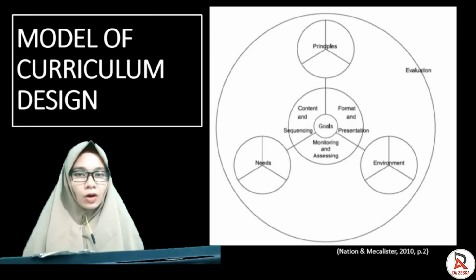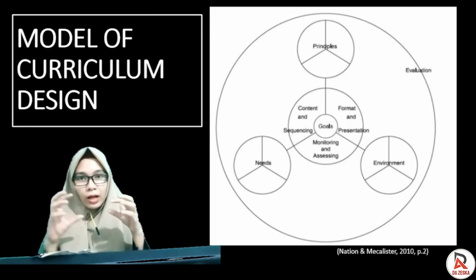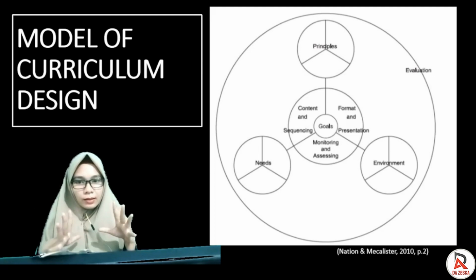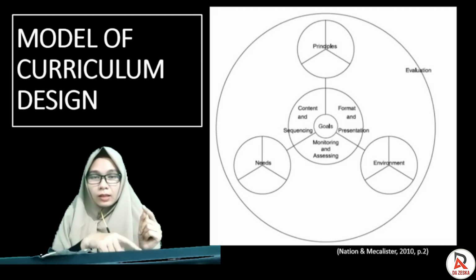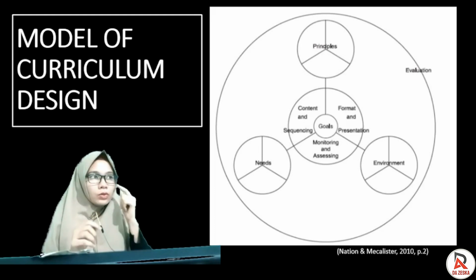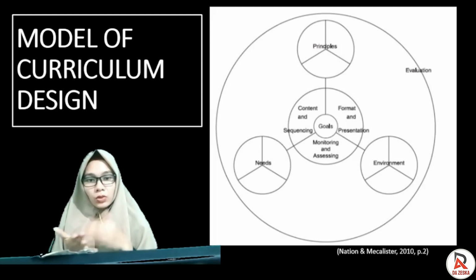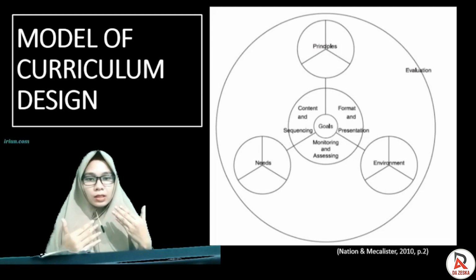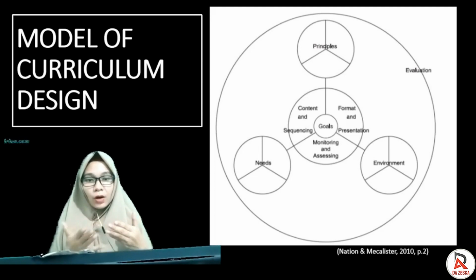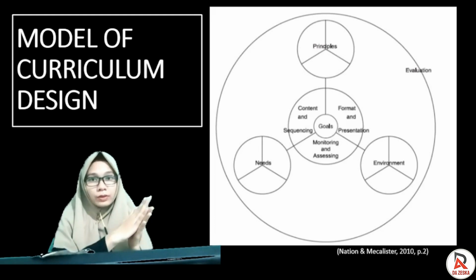And sequencing here means time. If you have already prepared materials for students in your course, you should also consider the goals again, as I mentioned before. You may question the materials, whether the results of the materials learned by students will help them achieve the goals of the learning or not.